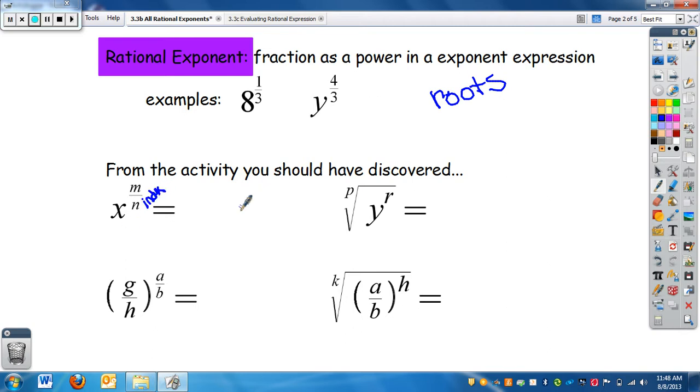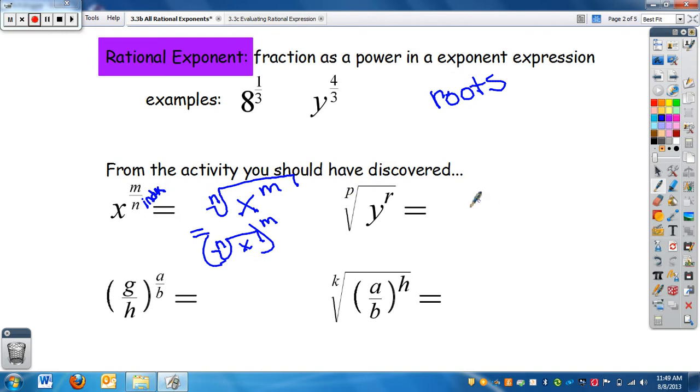This is your radicand. So we have x, we have the nth root, and then we put m here. Or we learned that we can write it as the nth root of x to the m power. These three statements are all equivalent.